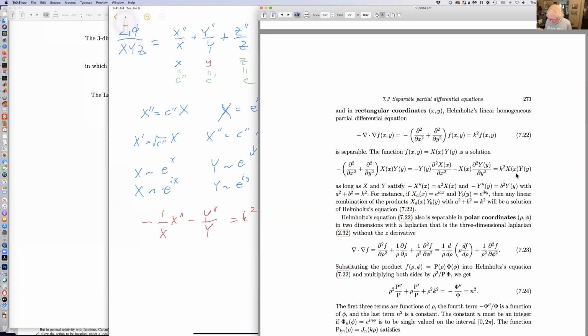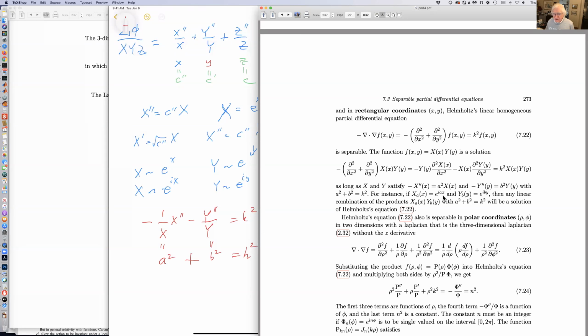And now we know that each has to be a constant, and we're going to say that this is equal to a squared, and this one is equal to b squared, and so we have that a squared plus b squared has to be k squared.